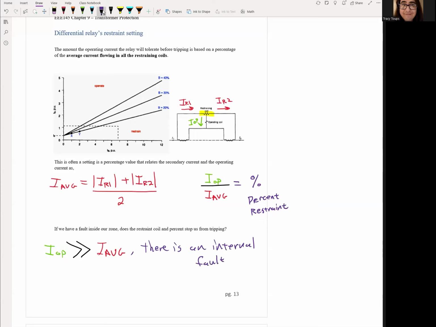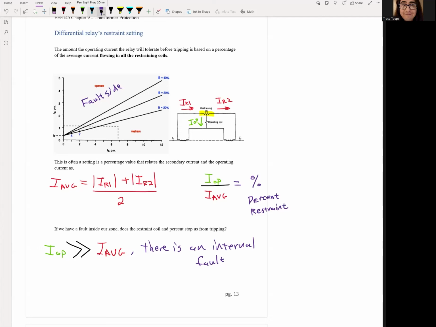Because remember, when there's an internal fault, so right here, this is a fault side, the operating current is huge. It's like 100 amps or 70 or 80 amps. So it's much higher than the current going through the actual CTs. So you'll have a very high amount of operating current, and the average current going through the restraining coil will probably be lower. And so this is an easy check for the relay.